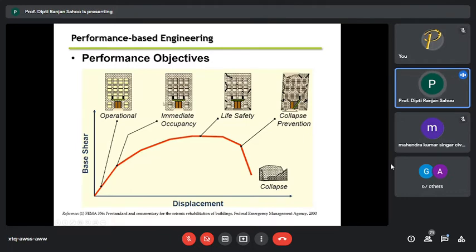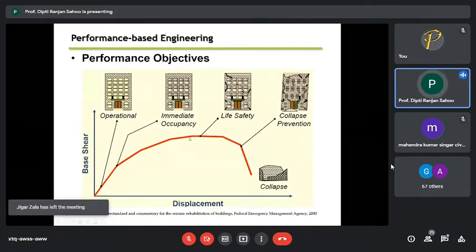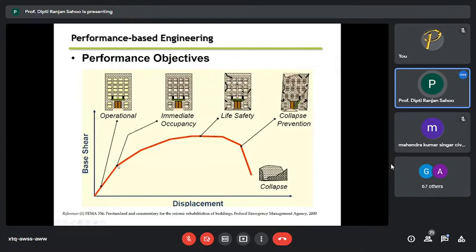And collapse is, of course, where everything comes down, which is here. So in realistic terms, my operational limit is always elastic, which I probably don't care about. The three things, IO, LS, and CP, are within the inelastic portion. So just after the yielding is IO, somewhere near or before the ultimate is life safety, and just before the collapse is collapse prevention.